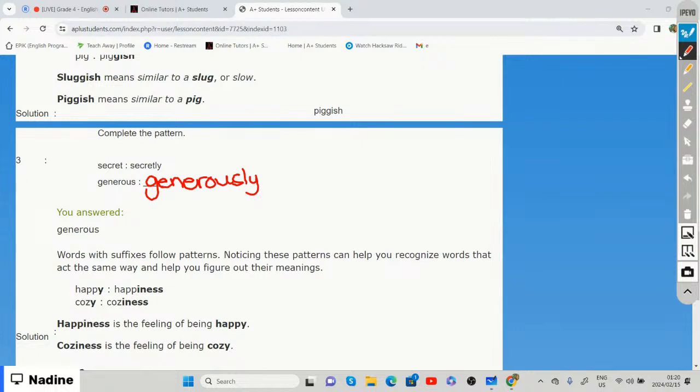So basically, the pattern is you need to follow and complete the suffix that was added to the previous word also. It's basically just to show that words with suffixes follow patterns, like secretly, generously.